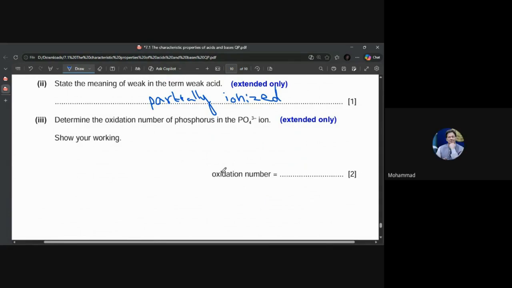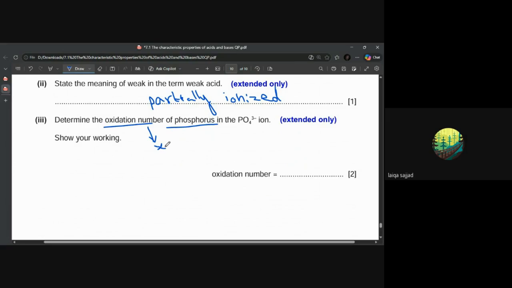Is it positive 5 or negative 5? Positive. Very good, excellent. So we don't know the oxidation number of phosphorus yet, so let's consider it as X. And what's the oxidation number of oxygen? Generally, it's negative 2, right?